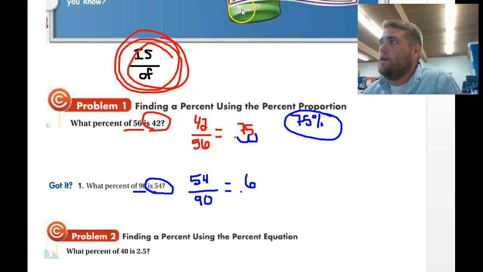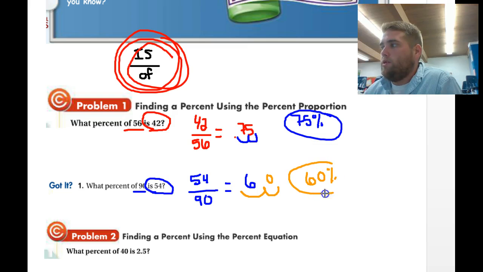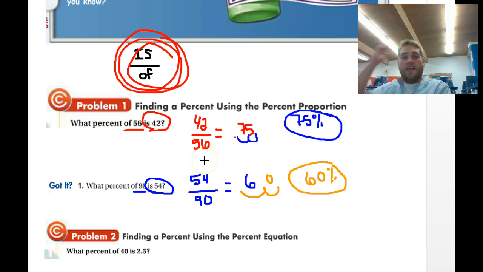Now remember, when I'm trying to turn this into a percentage, we go 2 places to the right. So 1, 2, there's nothing there, that's a 60. So this becomes 60%. So once again, is over of. Make sure you have that written down on your paper somewhere.